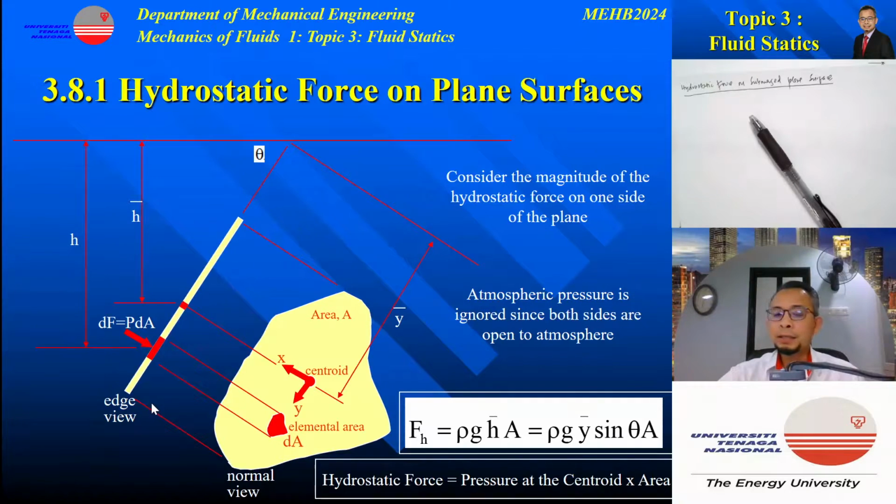But in our analysis, we would like to determine the hydrostatic force acting on one side of the surface only. So let's say the surface here is slanted at an angle theta with the water surface. Later, we will show that the total hydrostatic force acting on the surface will be equal to the pressure at the centroid of the surface multiplied by the area.